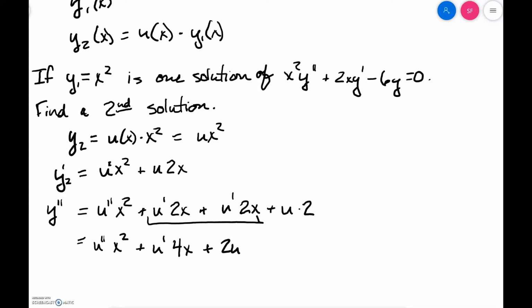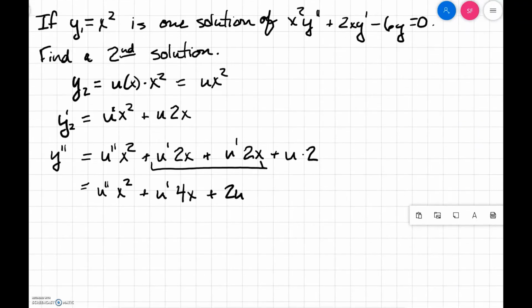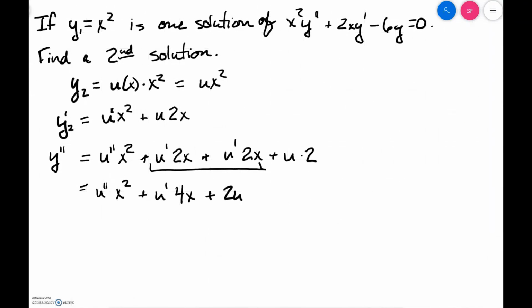Okay, so as we said, we're now going to go ahead and take both of those and plug those back into our differential equation. This is going to be a little bit long, so let's see if we can do it. x squared times u double prime x squared plus u single prime 4x plus 2u, plus 2x times y prime.